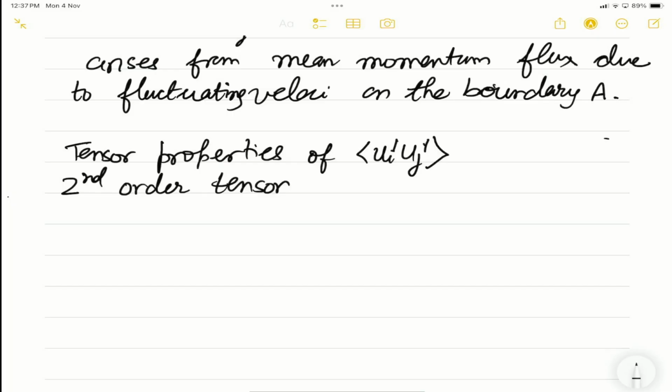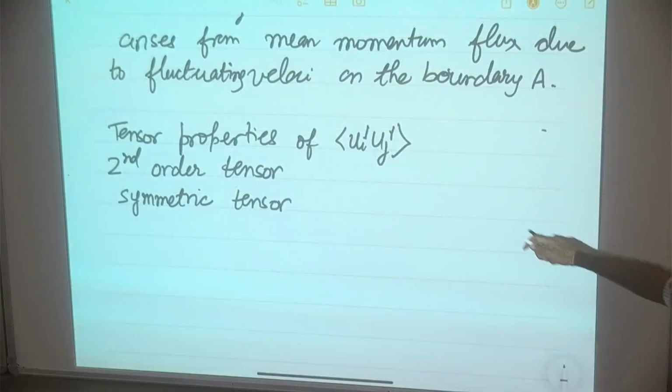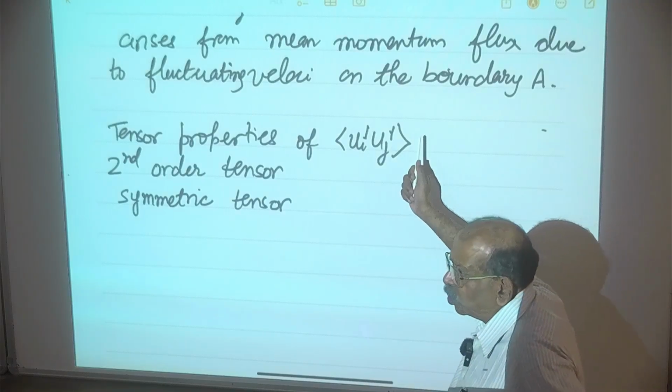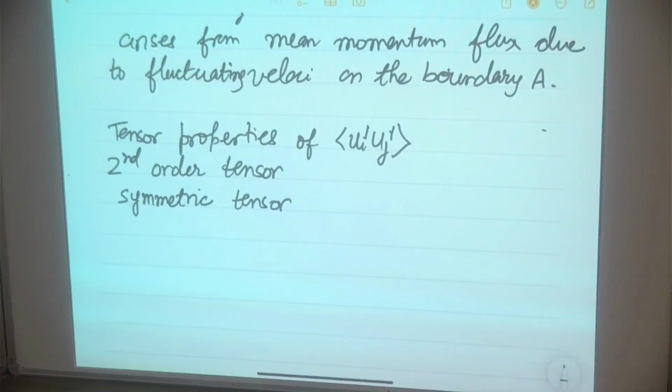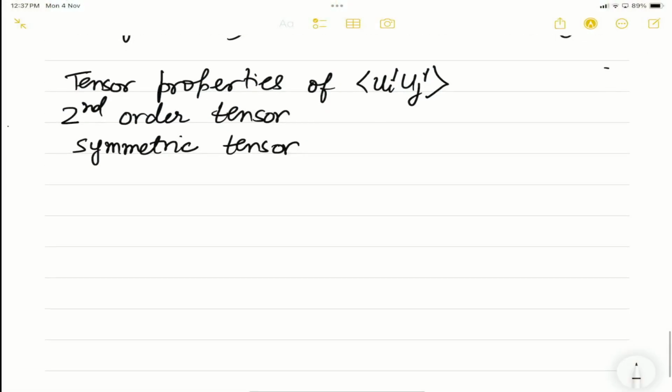Okay, there are two free indices. This is a second order tensor. Not only this, we also realize this is a symmetric tensor, because ui prime uj prime will also be equal to uj prime ui prime. So it is not only a tensor, it's also a symmetric tensor.